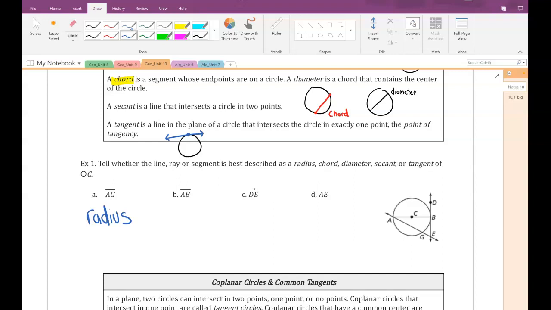AB is a chord because it goes from one end of the circle to the other, but it goes through our center point C, so then it's a diameter. So those are kind of our two common ones that if I just gave it to you, I bet you could figure out.